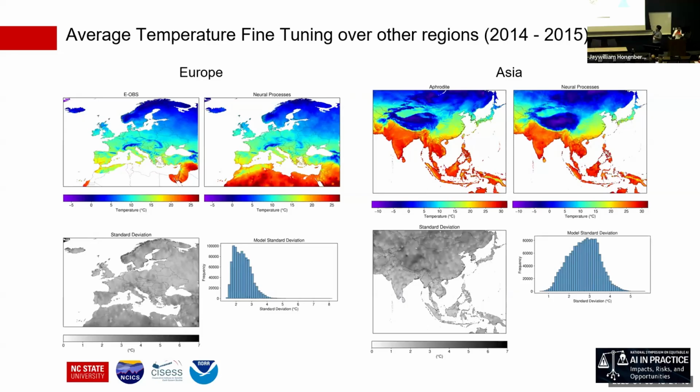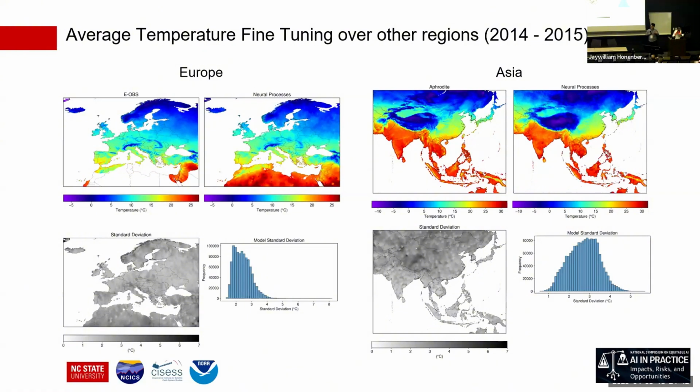And when we apply the same thing to Asia, the model performance captures the overall spatial pattern. However, in regions like the Tibetan Plateau, which has really extreme conditions, high elevation and complex terrain, we do see the model does not perform well at the top of that plateau, where the terrain is very complicated and there's no spatial observation above 5,000 meters.